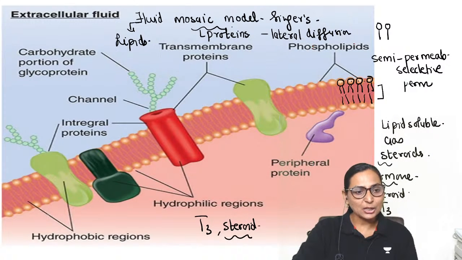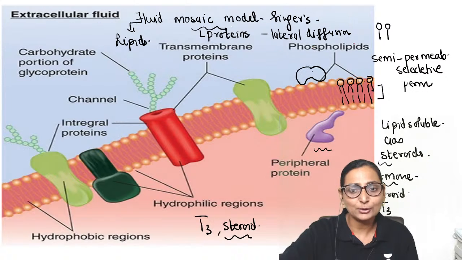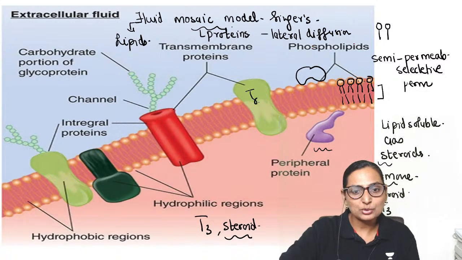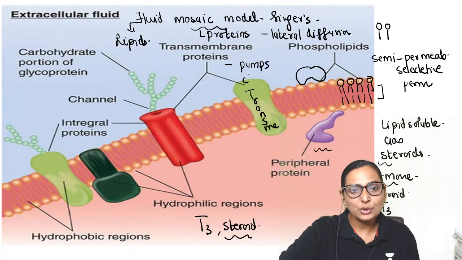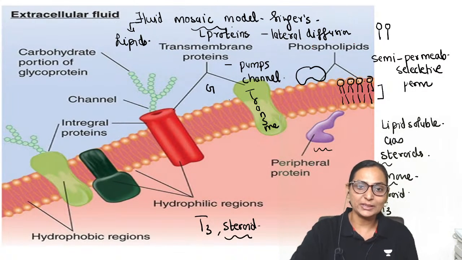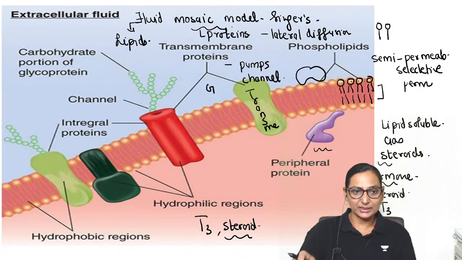The proteins are of two types. They can be peripheral proteins, which may be present either on the side of the cytosol or on the side of the ECF, and integral proteins, which are also called transmembrane proteins. The transmembrane proteins, your pumps, channels, carrier proteins, and G proteins, are all examples of integral proteins.